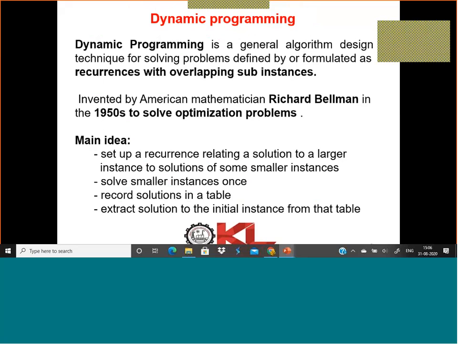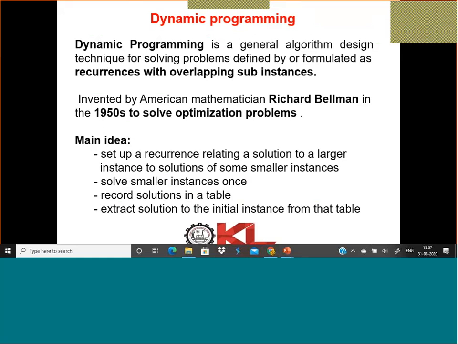Dynamic programming is a general algorithm design technique for solving problems defined by, or formulated as, a recurrence with overlapping subinstances. What do we mean by overlapping subinstances?